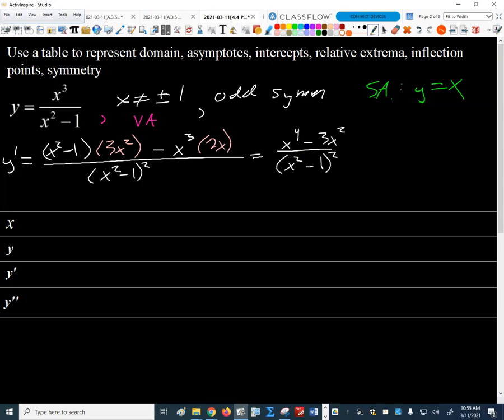Give me a thumbs up if I did that right. Okay, you guys got to check my work here. Okay. So I could factor that a little bit more. On the top here, it looks like I could factor out an x squared, leaving me with x squared minus 3 divided by x squared minus 1 quantity squared.